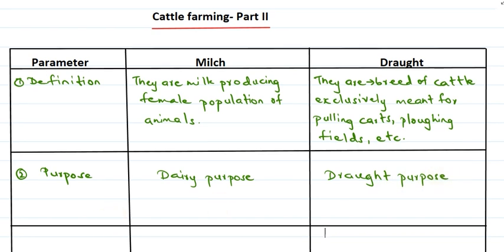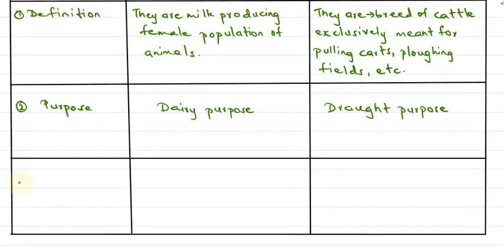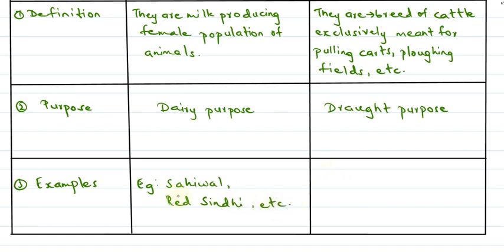Then we would talk about the examples. Under milch we can include examples like Sahiwal, red Sindhi, etc. There is no need to write the example here because the parameter is already set, so you can write examples in short form or avoid writing them.